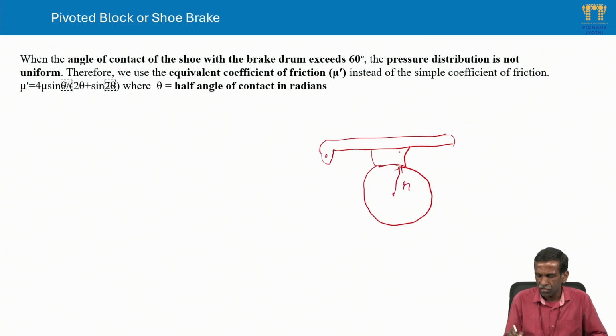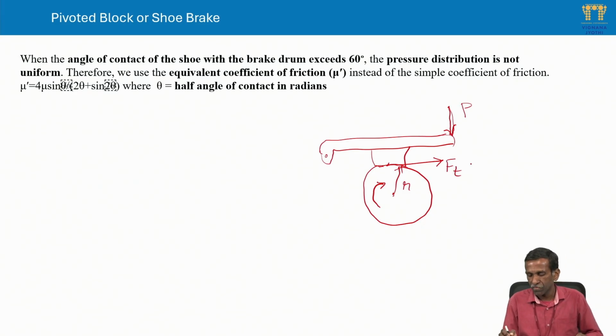So this is the effort required to be applied to apply the brake. And if you take only the block, then if the drum is rotating clockwise, then the tangential force or frictional force, let us say Ft, on the block acts towards the right, and this is pivoted at some point.